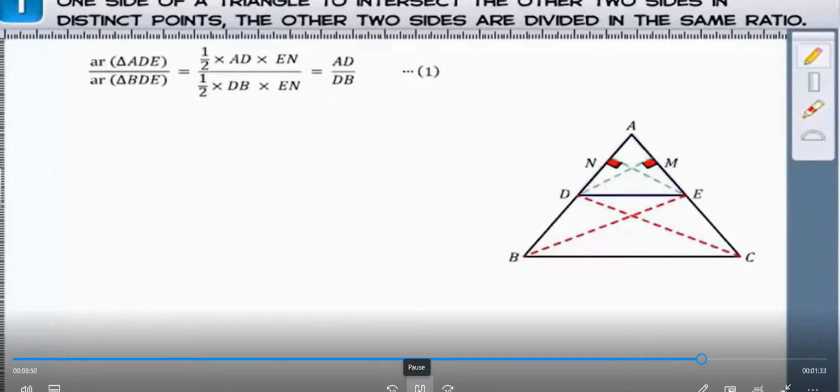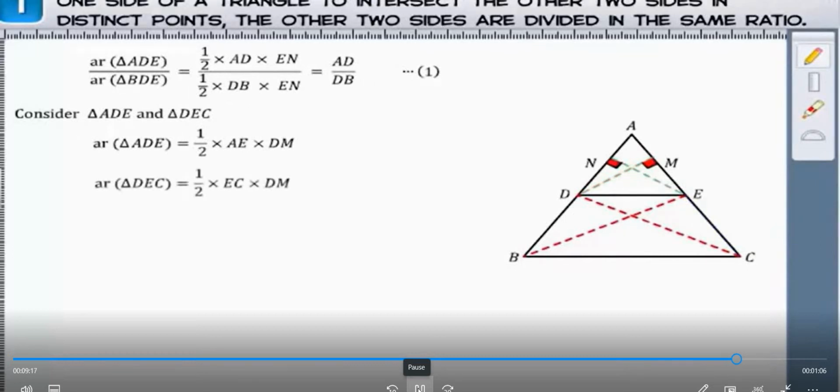Now consider triangle ADE and triangle DEC. The area of triangle ADE can also be calculated as half the product of the base AE and the height DM. The area of triangle DEC is equal to half the product of the base EC and the height DM.